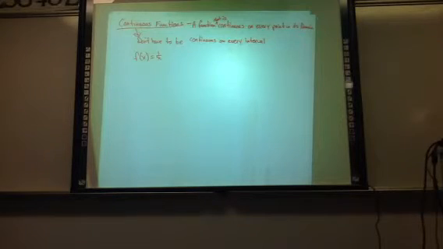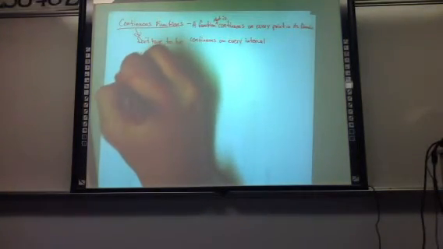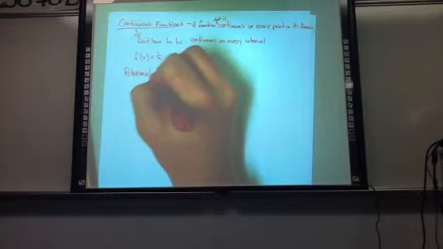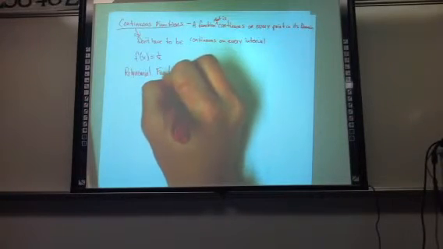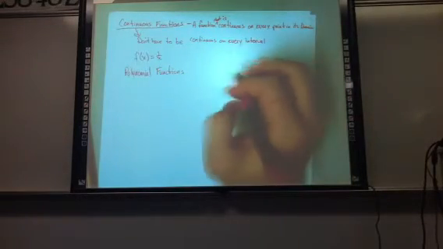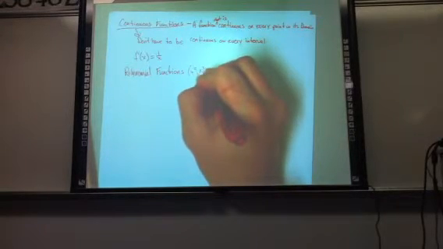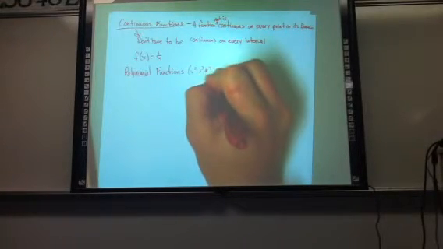And actually, most of the functions that you know about are continuous functions. For example, polynomial functions. I know sometimes these words mess you up, so what are polynomial functions? The ones with exponents: x squared, x to the third, x to the fourth, and so on.